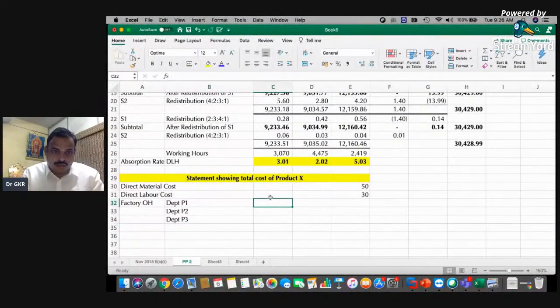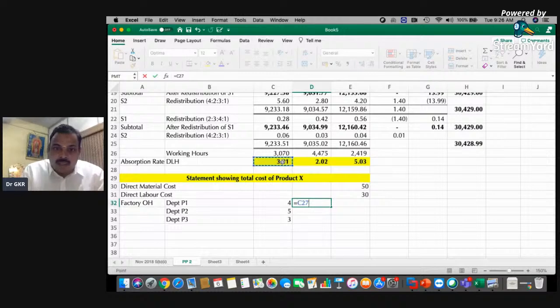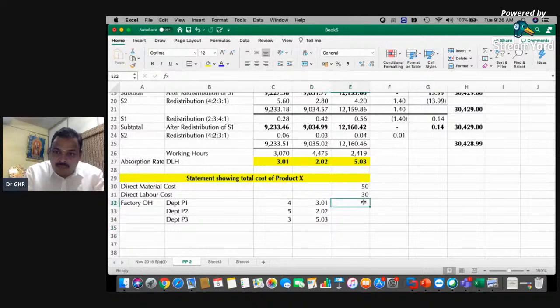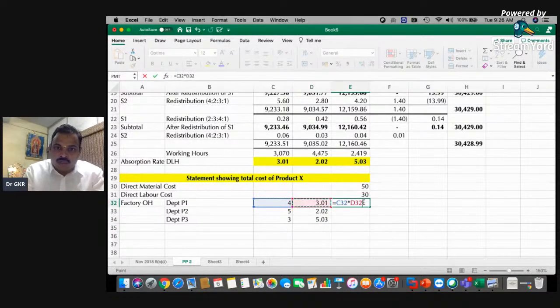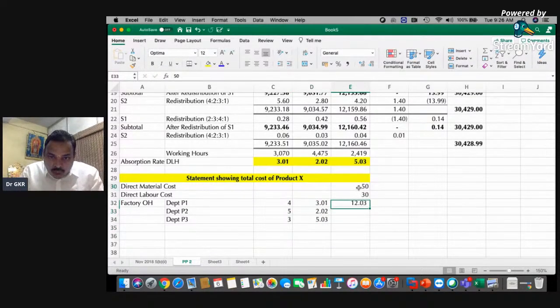So this is your hours. Naturally your rate is given here, 3.01 per hour absorption rate, 2.02, and 5.03. Multiply 4 into 3.01. So that is your factory overhead absorbed.